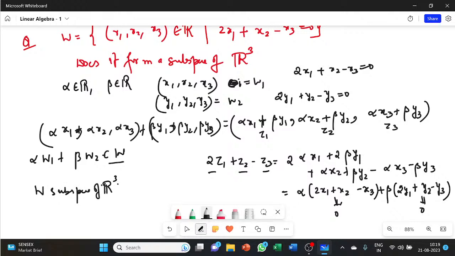I hope it is clear. Now you are well aware of what a subspace is and what a vector space is. Tomorrow we are going to discuss something very important, called linear combination, basis and dimensions.